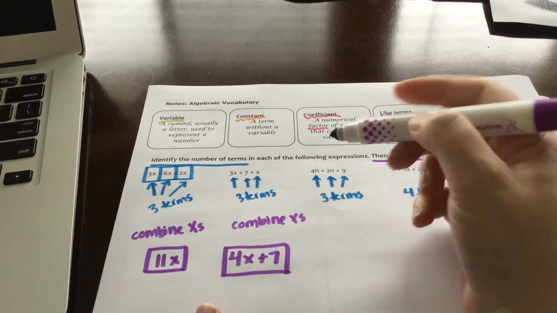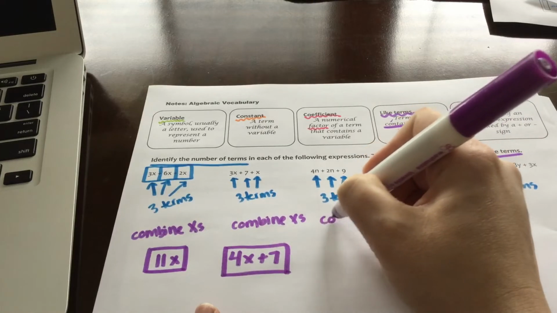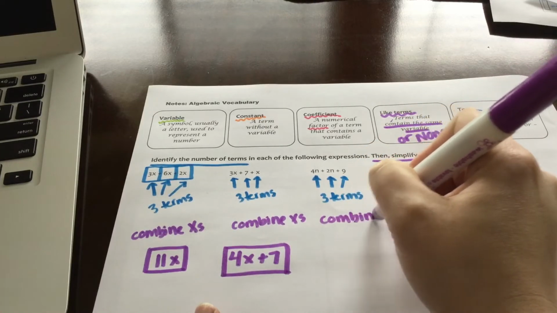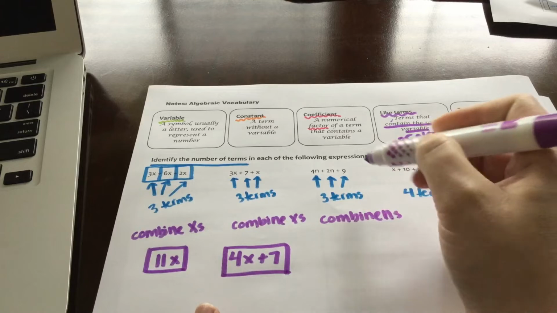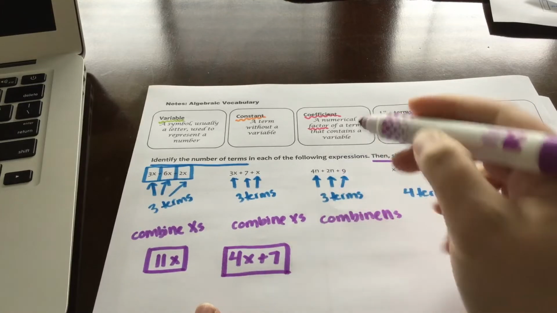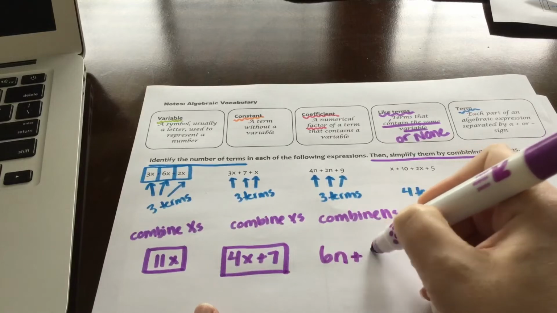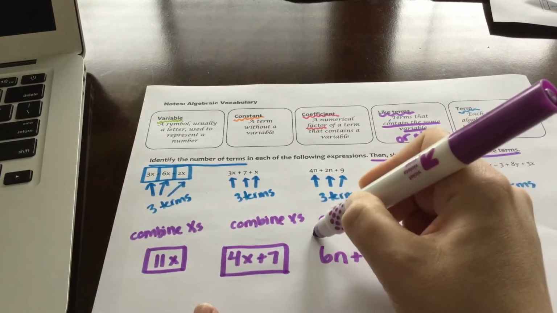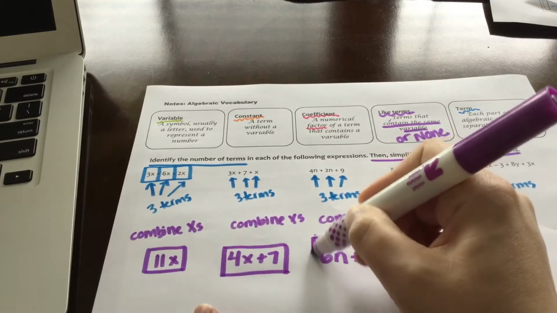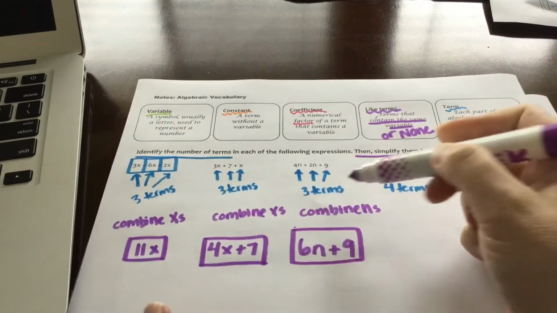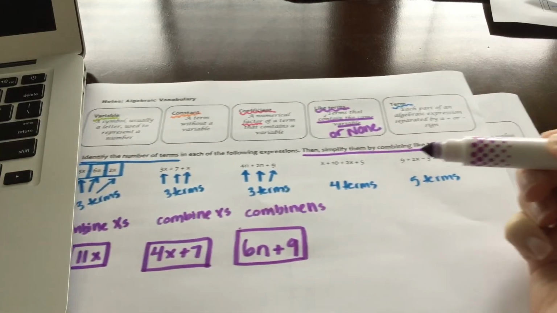In the third one, I can combine my n's. 4n plus 2n would make 6n's, and constants are different. But I can still write it simpler from 3 terms down to 2 terms.